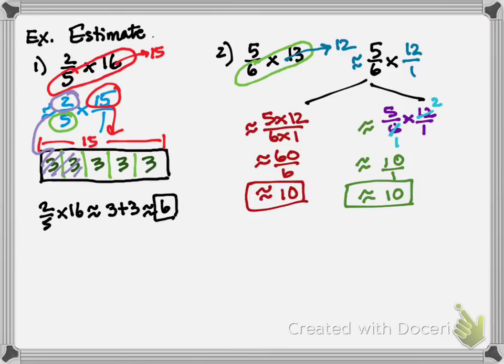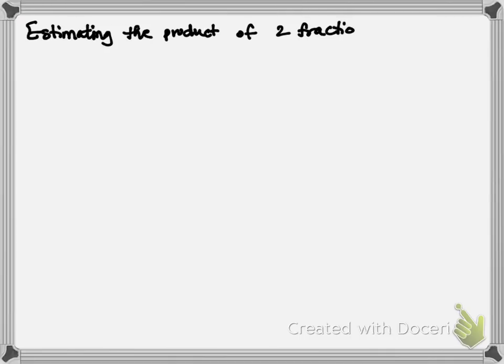All right, I'm going to go to the next screen and talk about what if I have a fraction times a fraction. So, this would be estimating the product of 2 fractions. Because they're fractions, compatible numbers are going to be a lot harder.